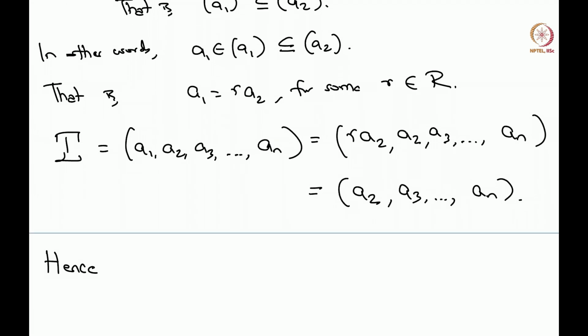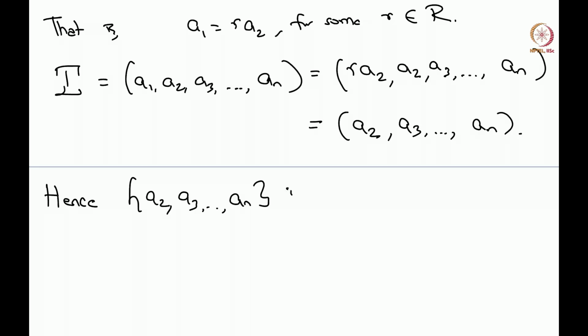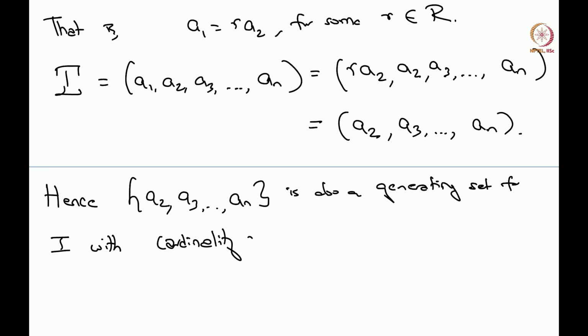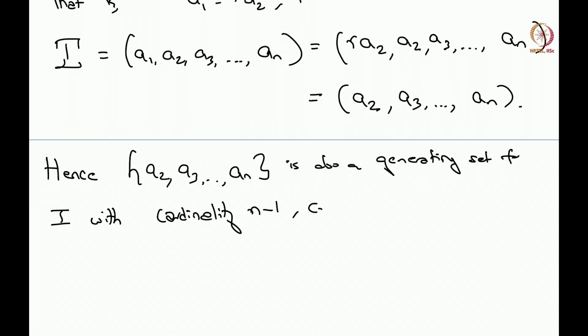And hence what we have is that A2, A3 up to AN is also a generating set for I with cardinality n minus 1, and this contradicts the minimality hypothesis on n.